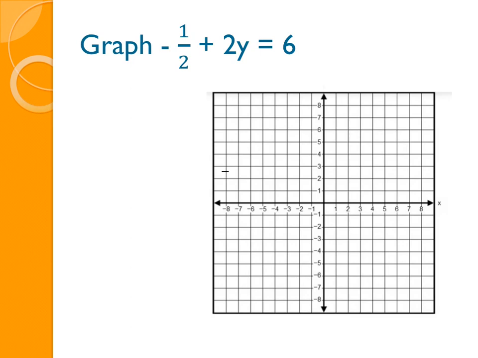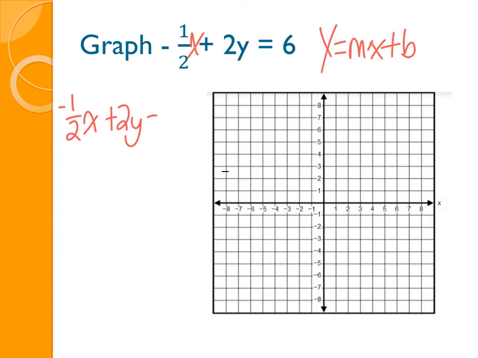I forgot to put the x in my equation right here. So we'll rewrite y equals mx plus b. Negative 1/2 x plus 2y equals 6.